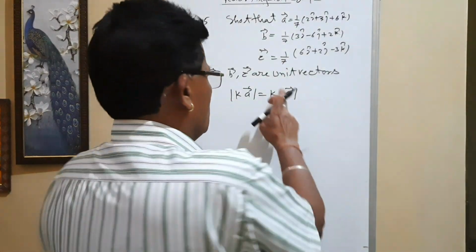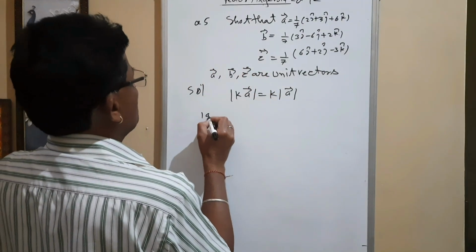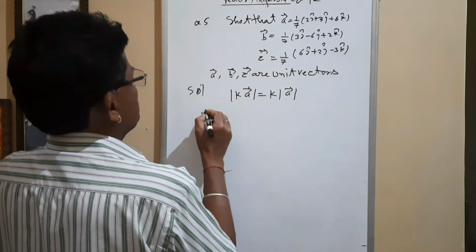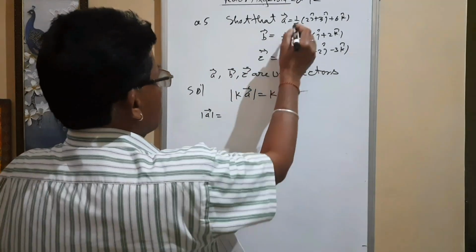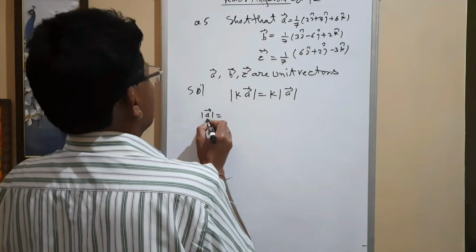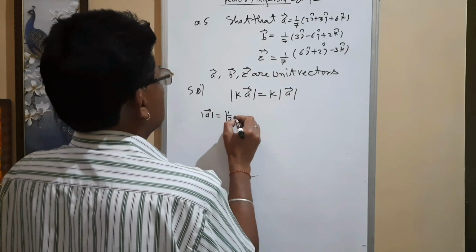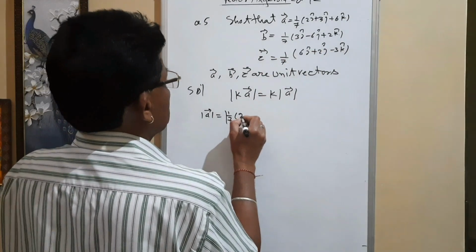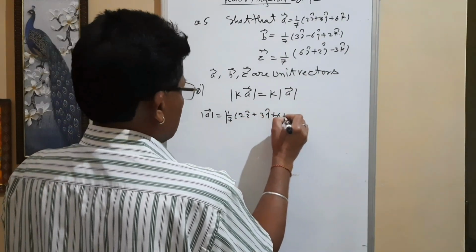It will not be affected. Then let me find the magnitude of the first vector, vector A. In place of the vector, you will write its magnitude, 1 upon 7 times (2i plus 3j plus 6k).